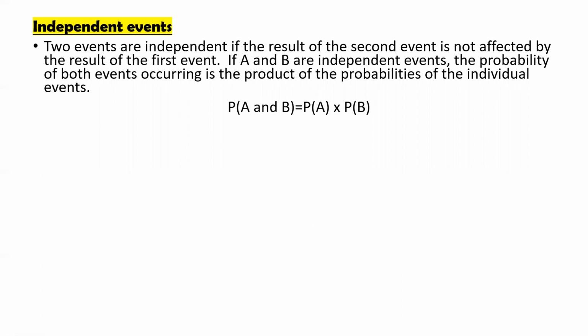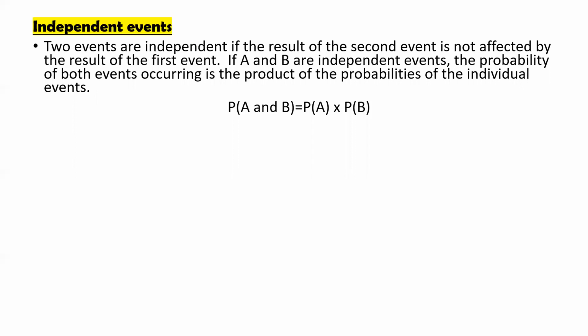Next one, independent event. An event is like an experiment. The experiment is called independent when the result of the second event is not affected by the first one. Just like when you flip a coin, the first time you flip head, the second time you flip head, there is no connection at all. It's just by chance.